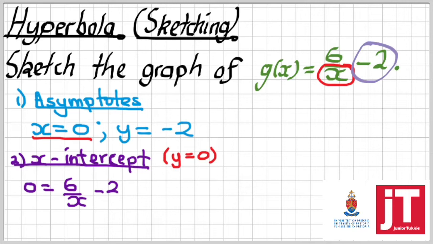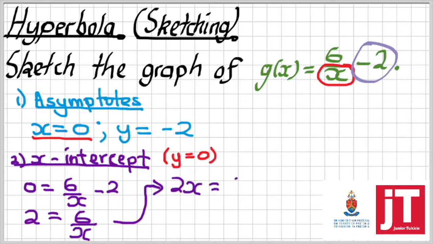Solving for x, we have 2 is equal to 6 over x. Simplified, that gives us 2x is equal to 6 as our linear equation. Solving, we get our x value to be equal to 3.